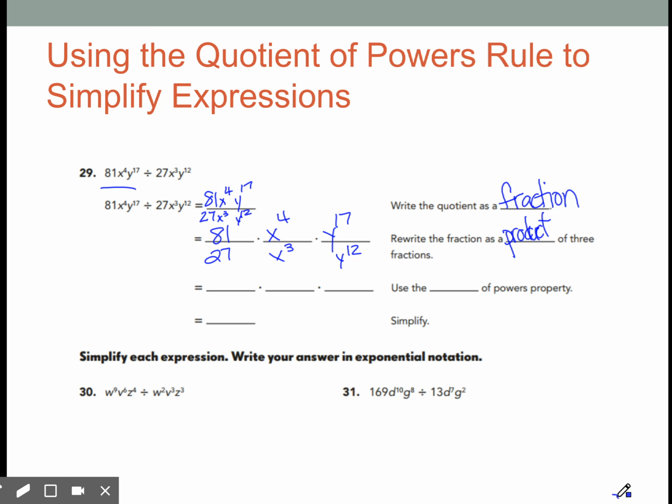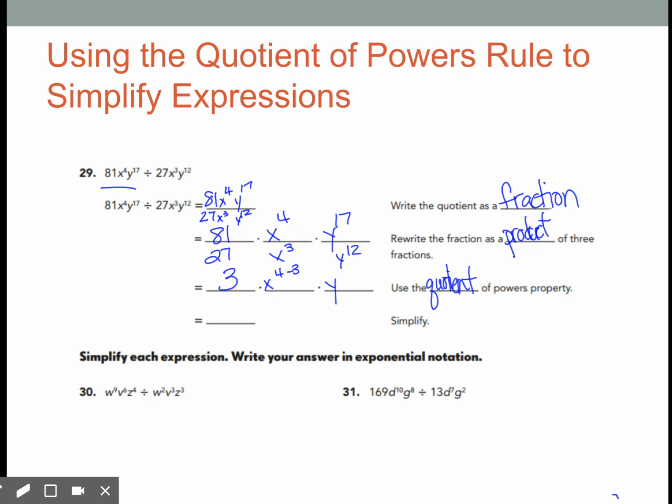Now that I have them all separated out, I'm going to use the quotient of powers property. So 81 divided by 27, I'm going to do the math there and simplify it all the way down to 3. And then I'll do x to the 4 minus 3. Again, I keep the base, and I'm simply subtracting the exponents.